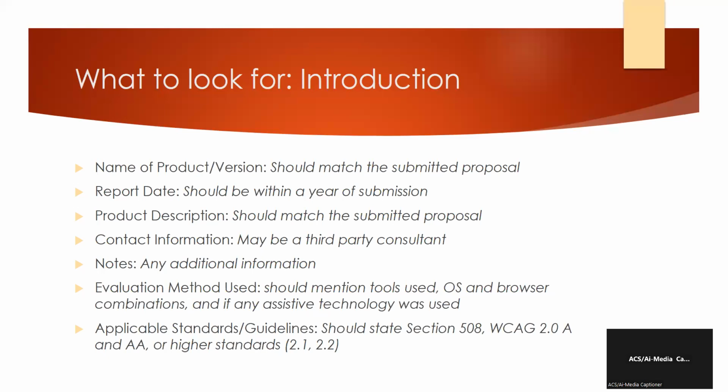Ultimately, at maximum, it should be within a year of submission. We personally recommend that it's within 6 months, because, as I mentioned, the further out you go, the more likely changes have made the report invalid. So within 6 months is ideal.